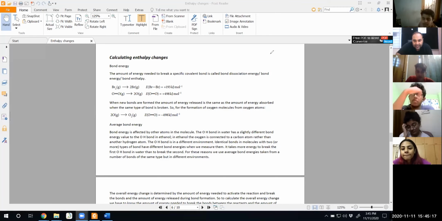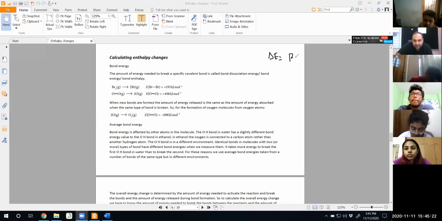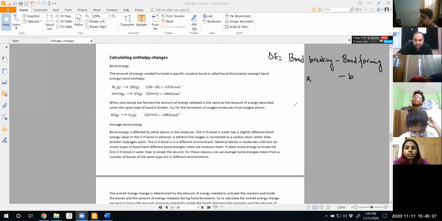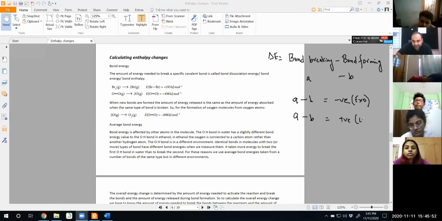Enthalpy change is bond breaking minus bond forming, A minus B. If A minus B ultimately comes out negative, it's exothermic. If A minus B is positive, then it's endothermic.